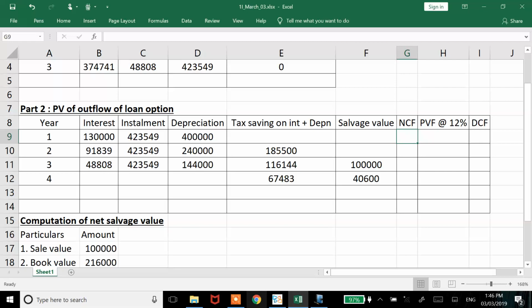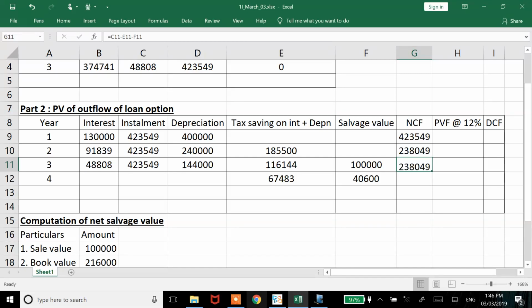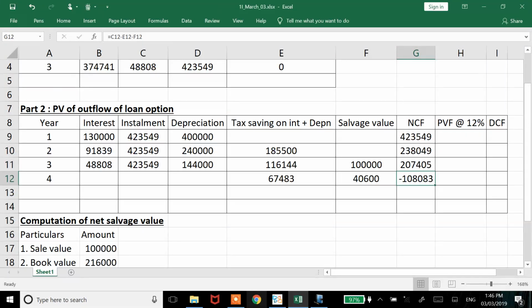Now listen, it's not interest plus installment, it's only installment because interest is already included in installment. Installment minus tax saving minus salvage value.